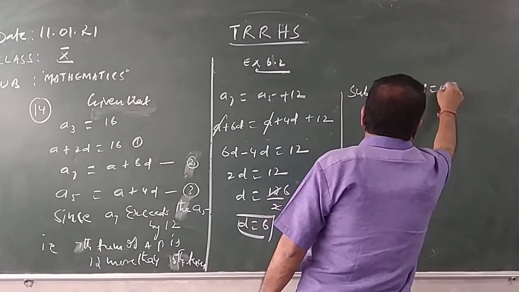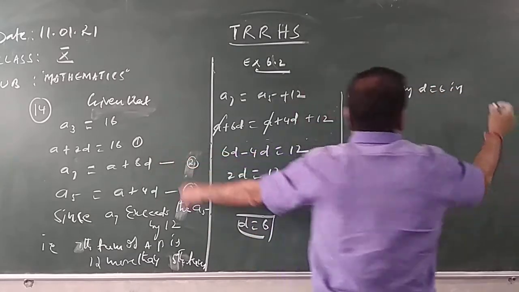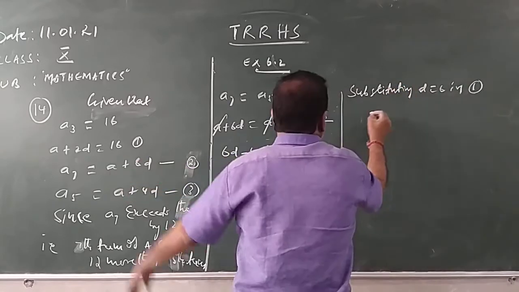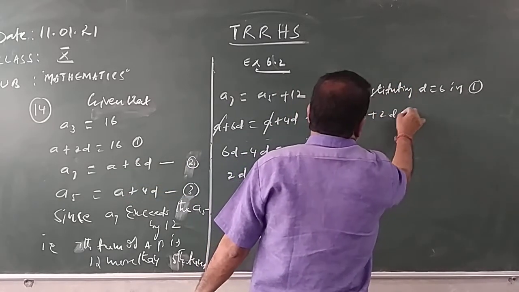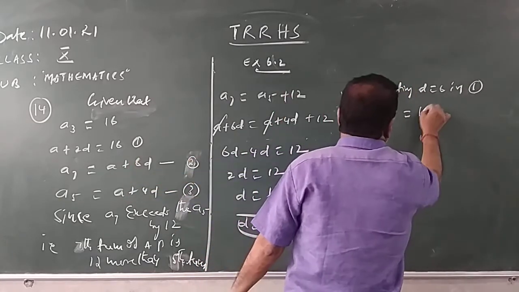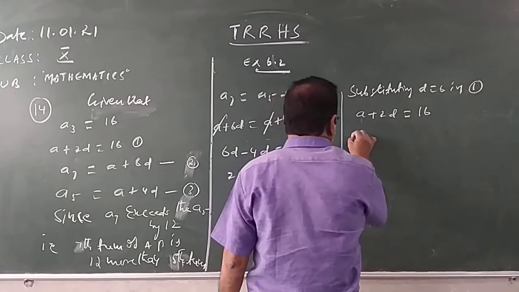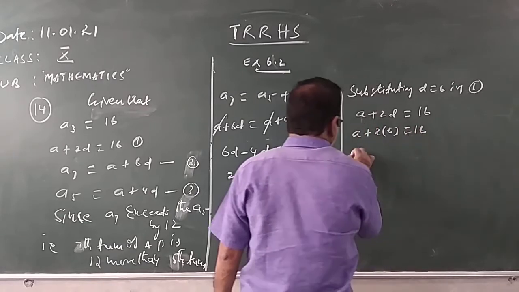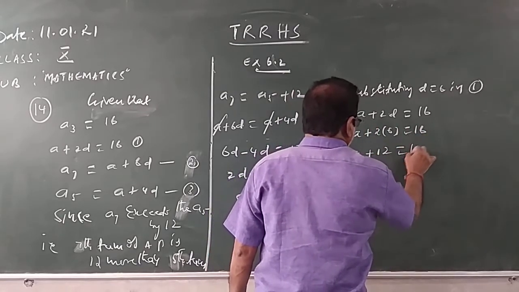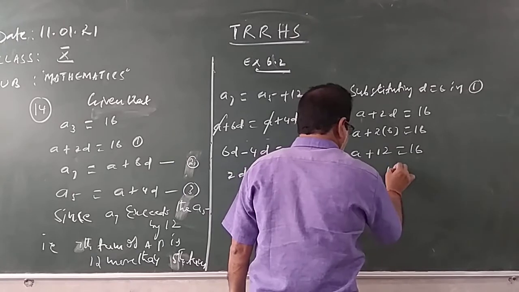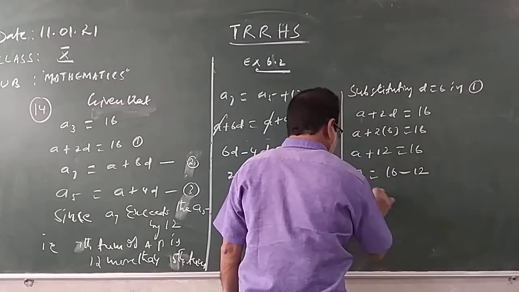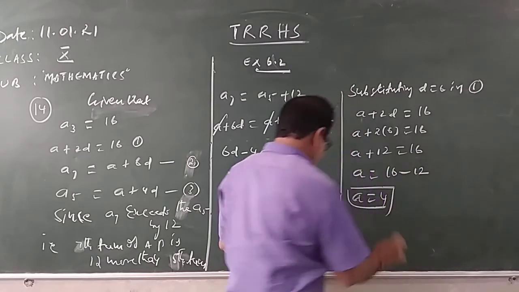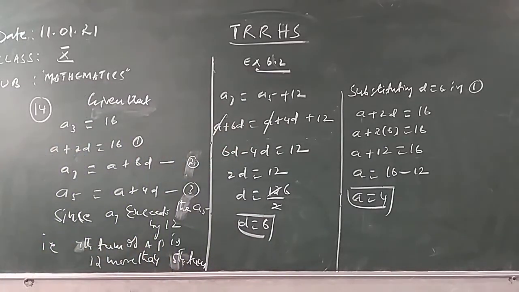Now substituting D equal to 6 in the first equation. The first equation is A plus 2D is equal to 16. A plus 2 into 6 is equal to 16. 2 sixes are 12. A equal to 16 minus 12, A is 4. Now form the AP.